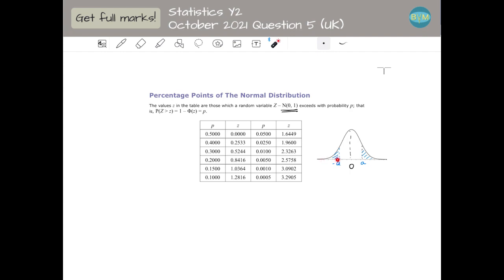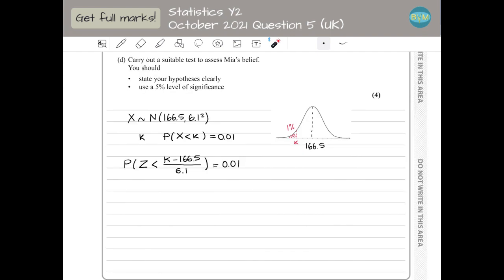As we need the area on the left, we need the minus 2.3263. So this is the value that we need here. So this value here, that makes the probability 0.01, is minus 2.3263, from the table.